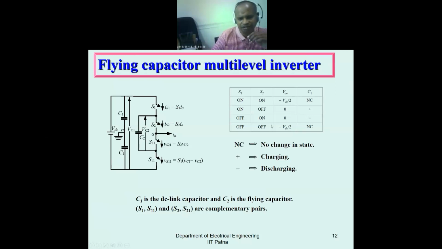Similarly, you can understand the S1, S2 states. So NC means no change in the state, but output will remain as it is, charging and discharging. So I already told you when this lower switch is on, it is charging. When the upper switch is on, it is discharging.